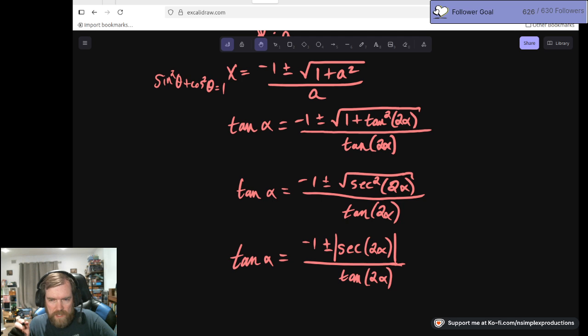So this gets us a version which is dependent only on 2 alphas as our variable, which is what we do want. But interesting.